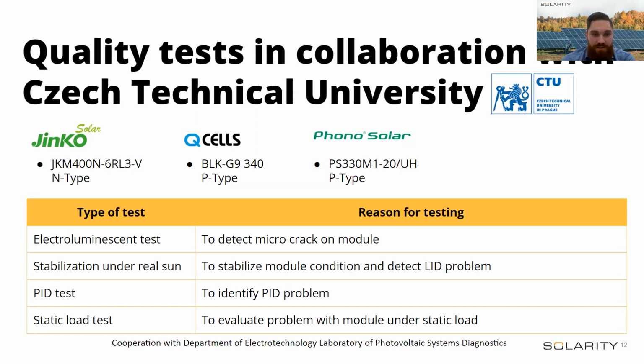Static load test: this is a test when some amount of snow is on the PV module for some period of time at some temperature, so the snow is pushing on the PV module.